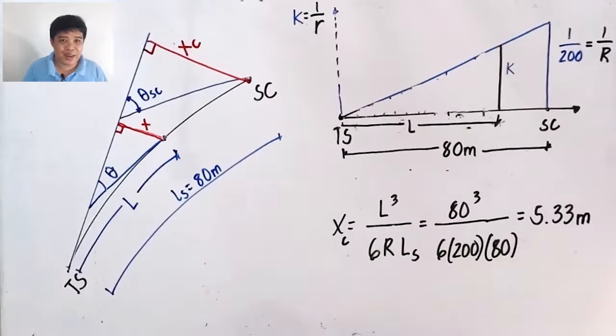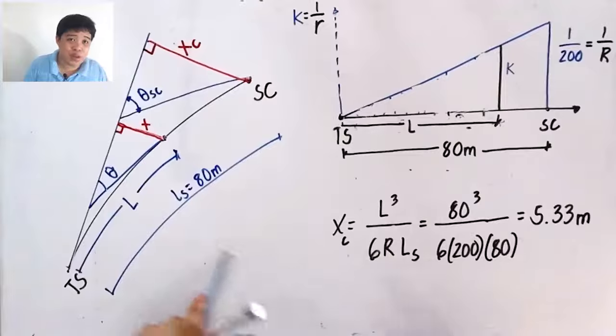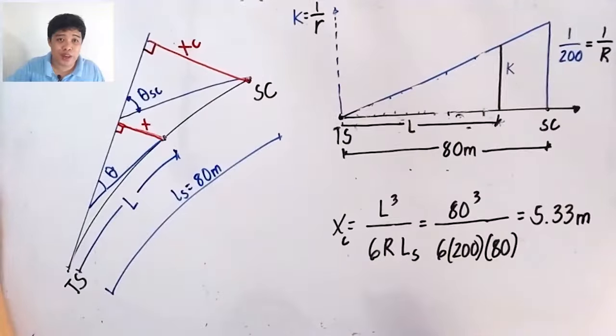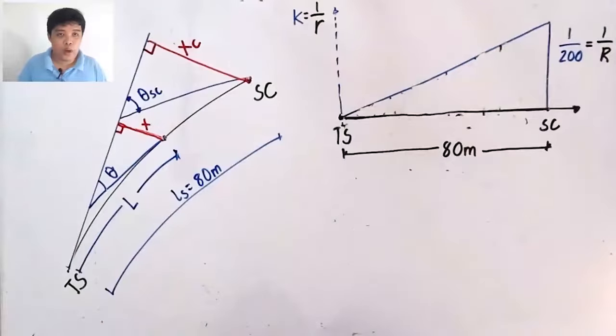But again, what if you forgot this formula? And say, for example, you don't want to use any more formula because for you, memorizing a formula is hard. There are many ways to do it. I will show you. One of the techniques I'm using to get the value of X at any distance is by using the moment of area.